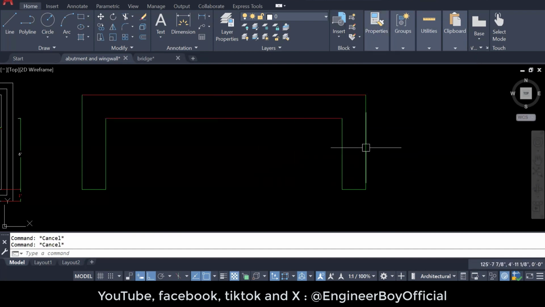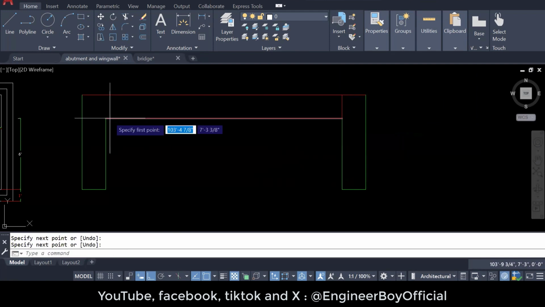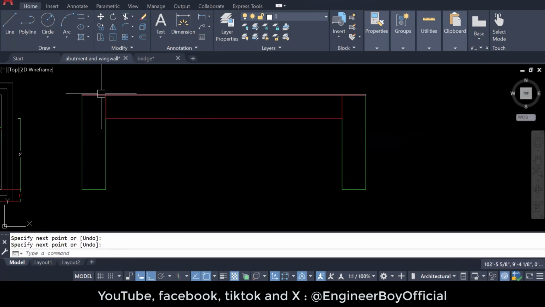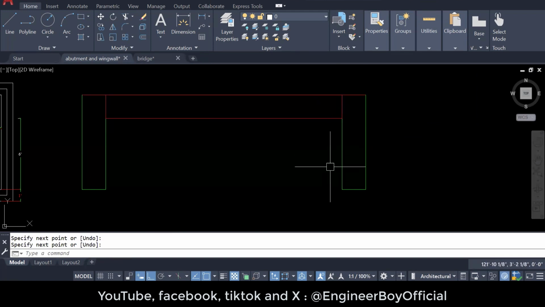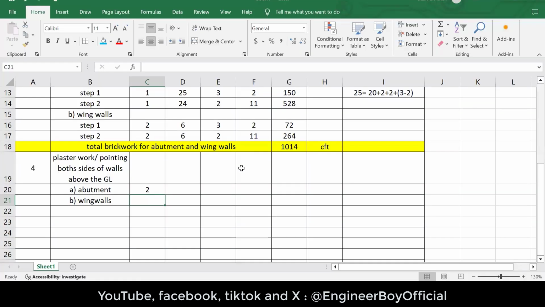It's going to be very simple. If I say both sides of the wing walls, or maybe both sides of the abutment, it can be very wrong because we have some extension for the outer side, which is lengthy. So what is best here is to take the perimeter and then multiply that perimeter with the height, which is maybe 10, because we are subtracting that 1 foot, right?